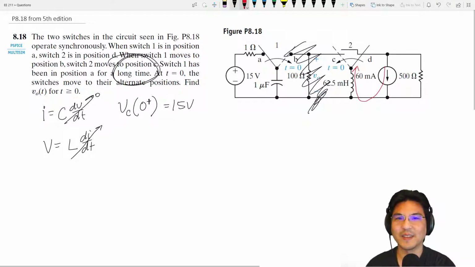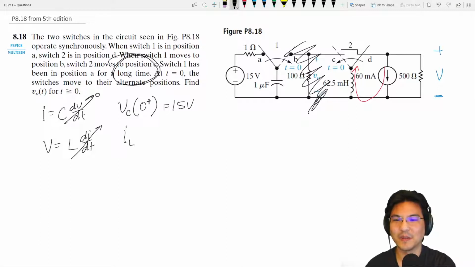Okay, and then it kind of just depends how we label. If we label this voltage this way, then we can call the current going through the inductor before we hit the switch 60 milliamps going up.